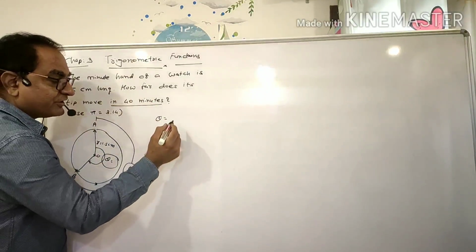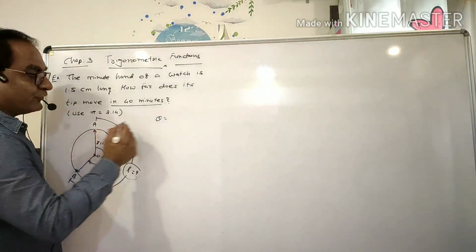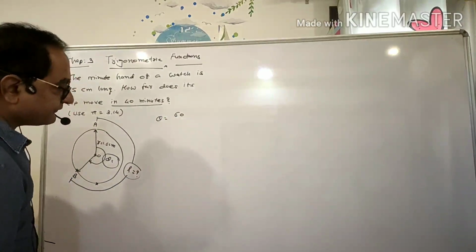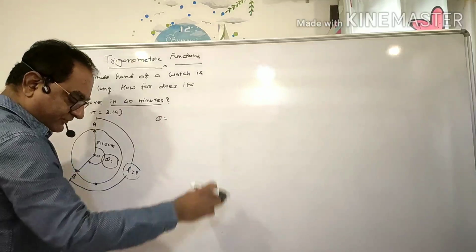One complete revolution is 2 pi, in 60 minutes. Okay, we will do like this.